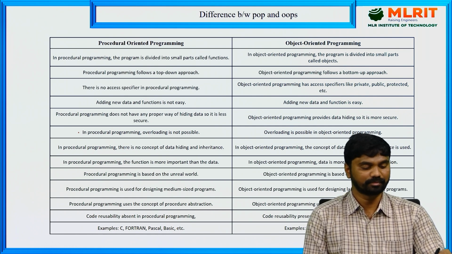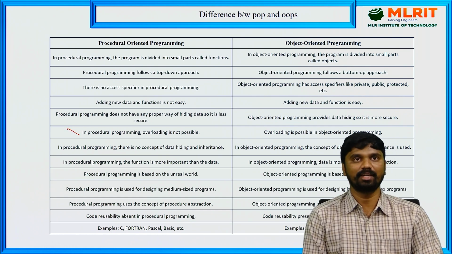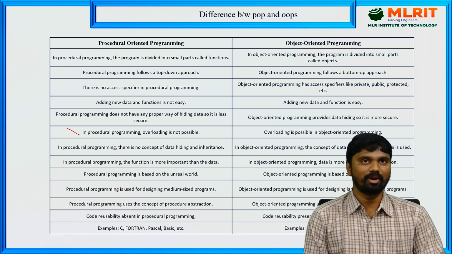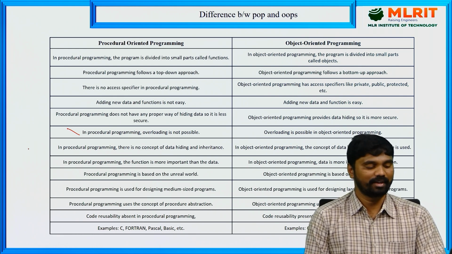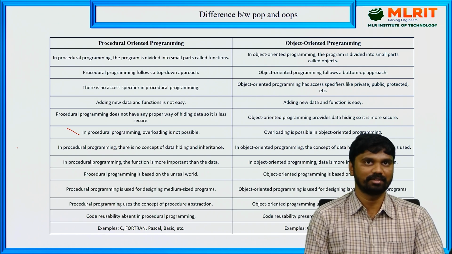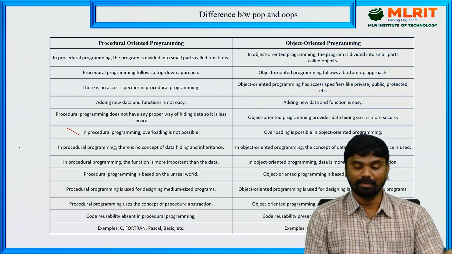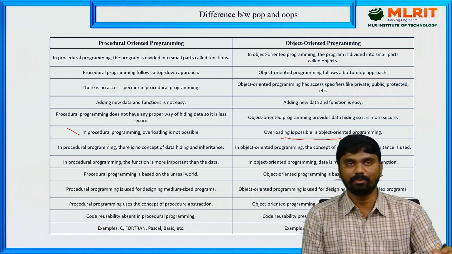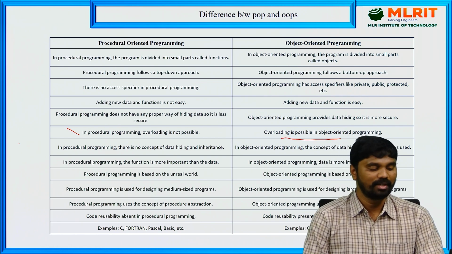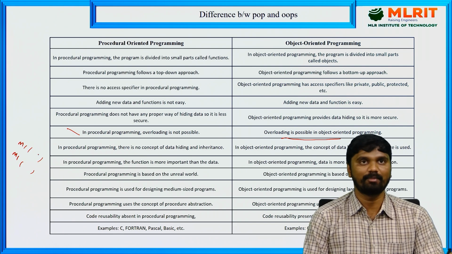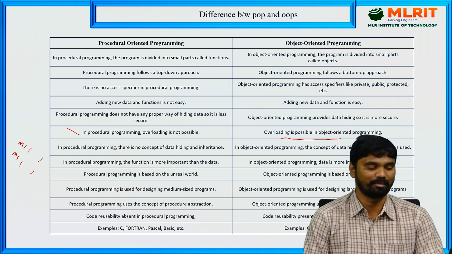Next, in procedure oriented programming language overloading is not possible. Overloading is nothing but what? For example, if you take method overloading in Java concepts, overloading is possible in object oriented. What does overloading mean? Methods having the same name but with a different type of parameters or with a different number of parameters.